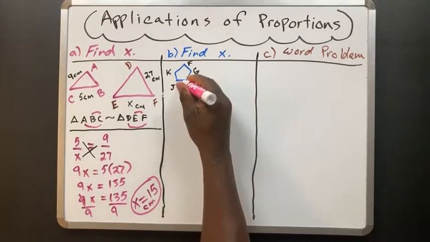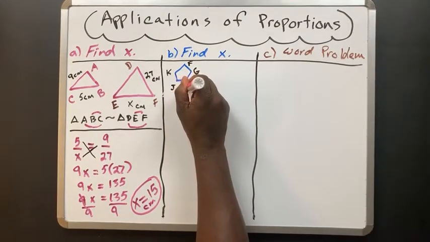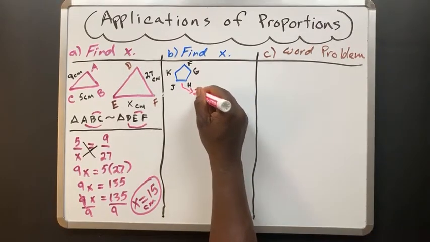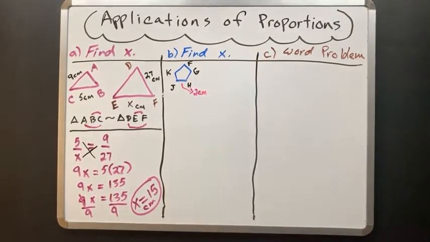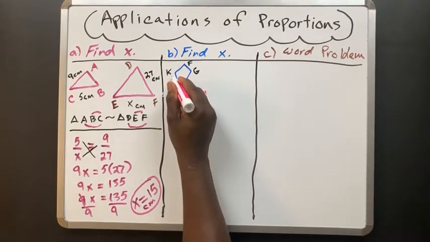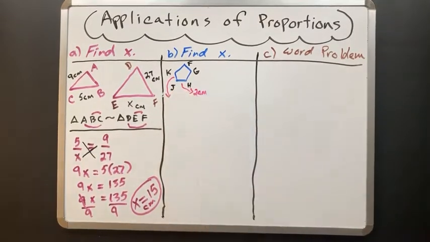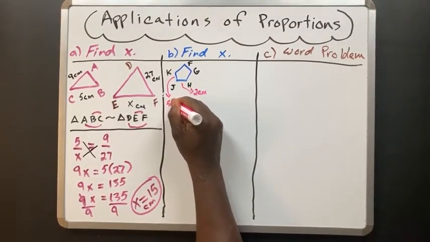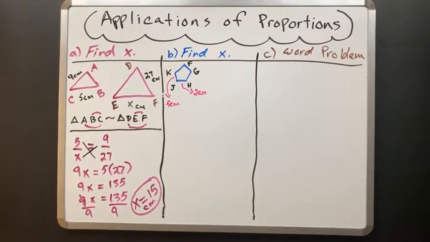They tell us here that JH is 2 centimeters. And they tell us that KJ is 5 centimeters in length. Segment KJ.